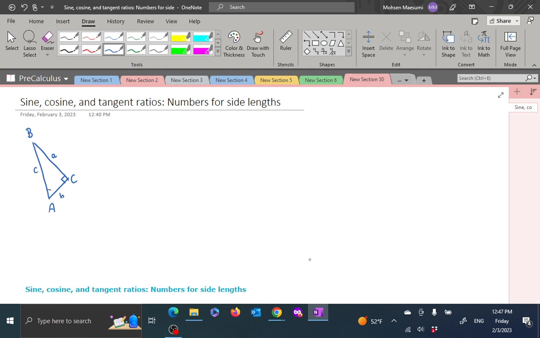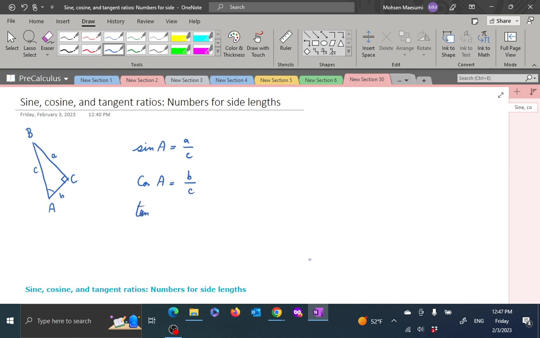If I'm looking at angle A, then sine of angle A is the ratio of its opposite to the hypotenuse. Cosine of angle A is the ratio of its adjacent divided by the hypotenuse.